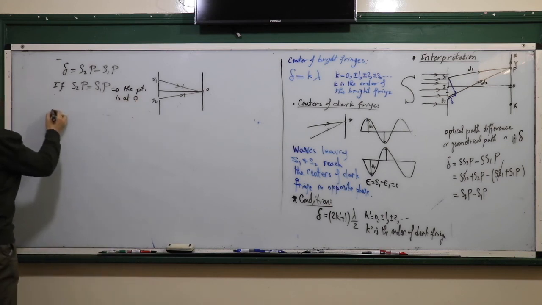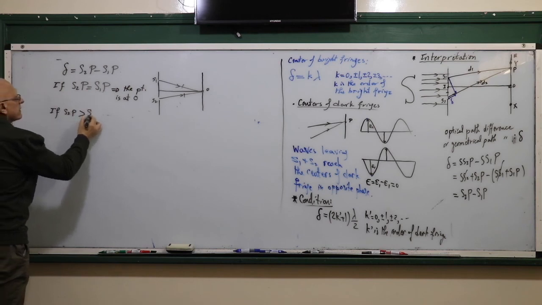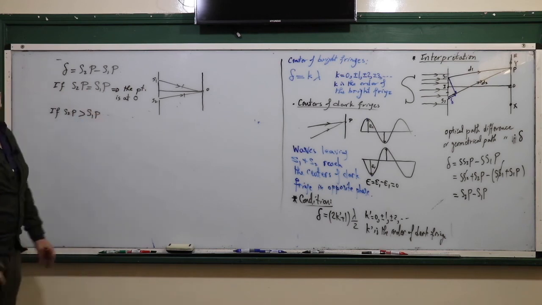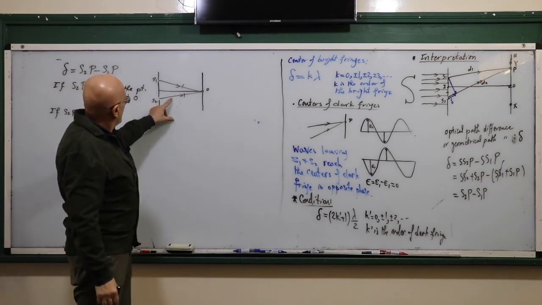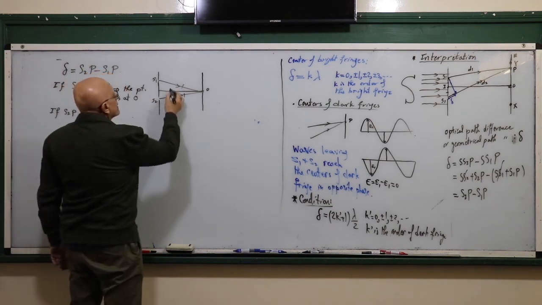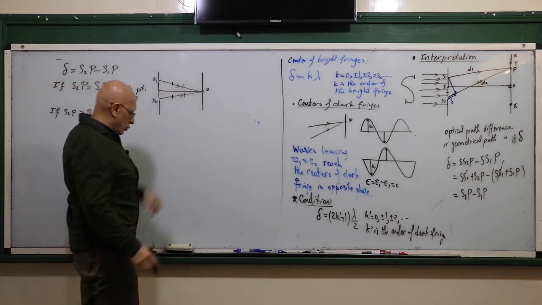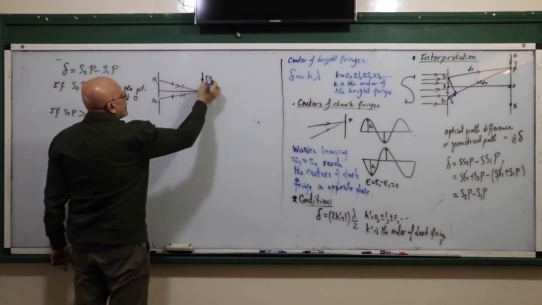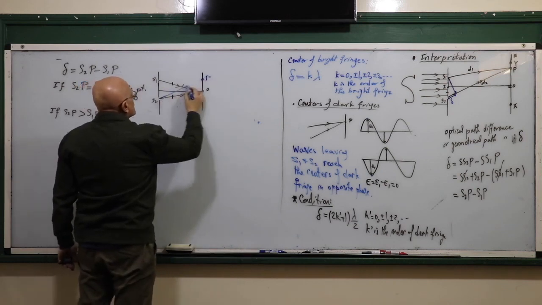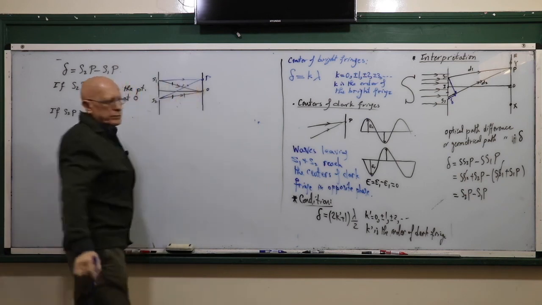Look here, if S2P greater than S1P, where will be the point? For S2P to be greater than S1P, this means that P should be above O, so that the distance S2P is greater than S1P.